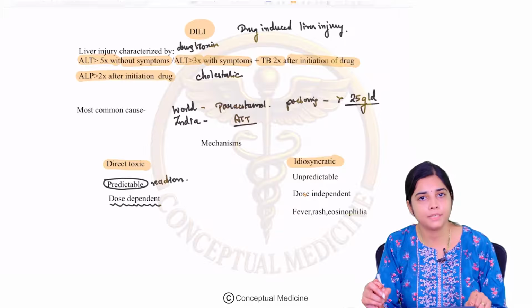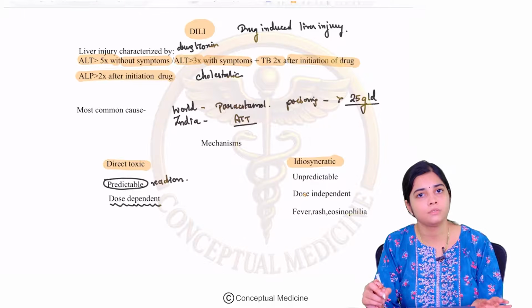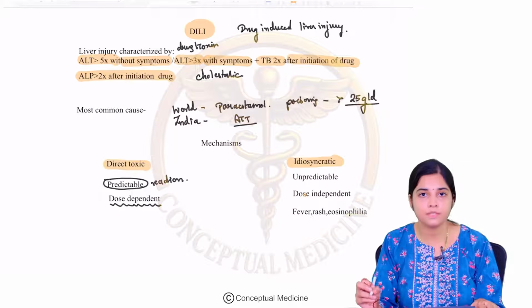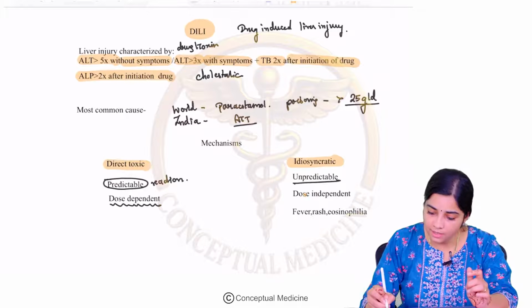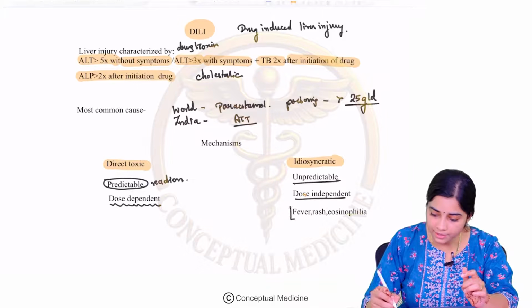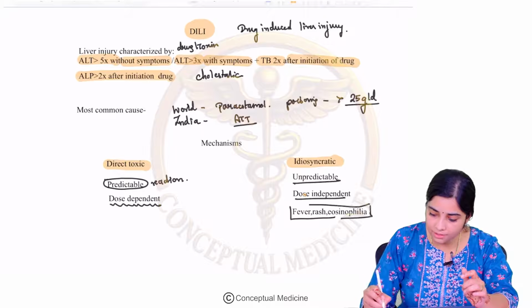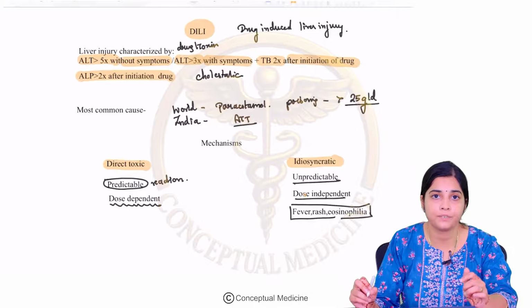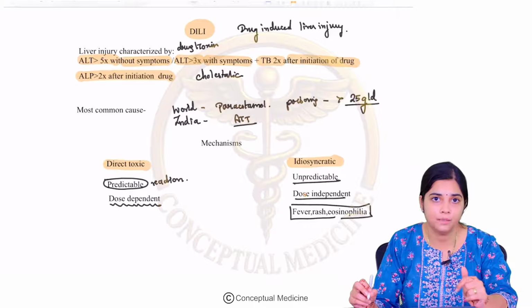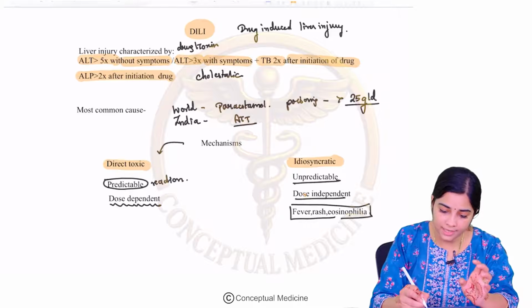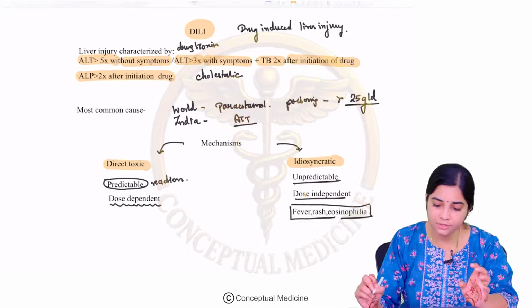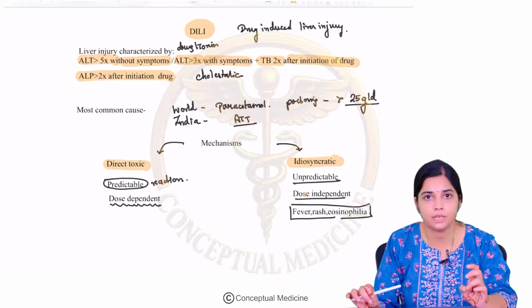In idiosyncratic reactions, this is unpredictable, dose-independent, and it is characterized by fever, rash and eosinophilia. So this is about the two mechanisms. You can have direct toxic injury or you can have idiosyncratic drug reactions.